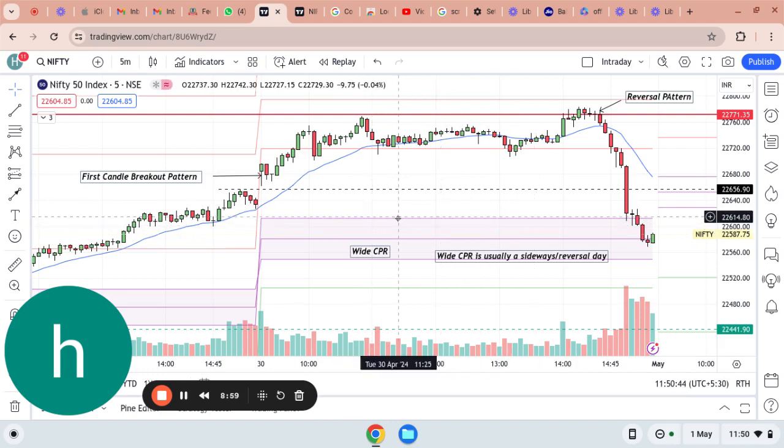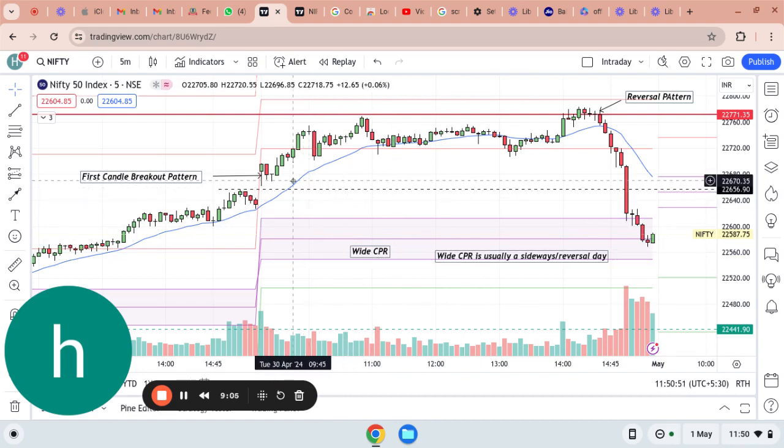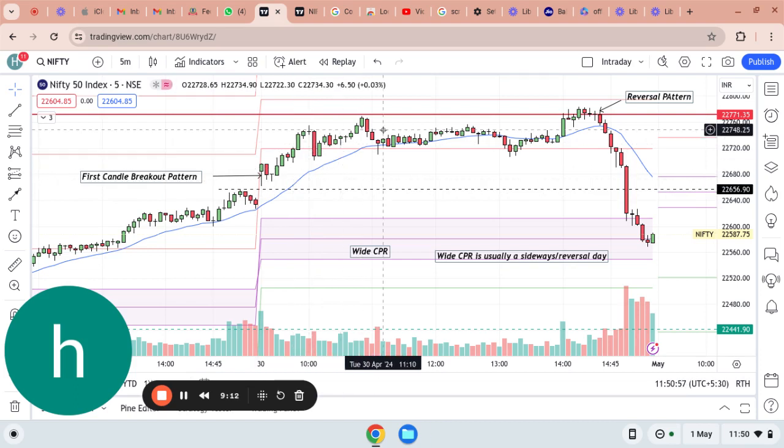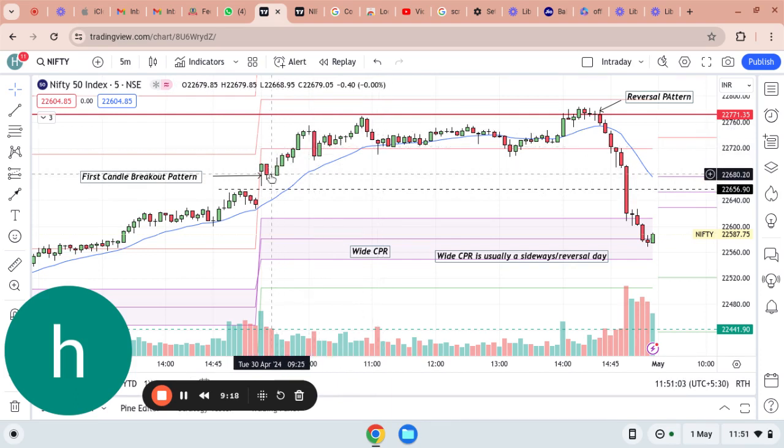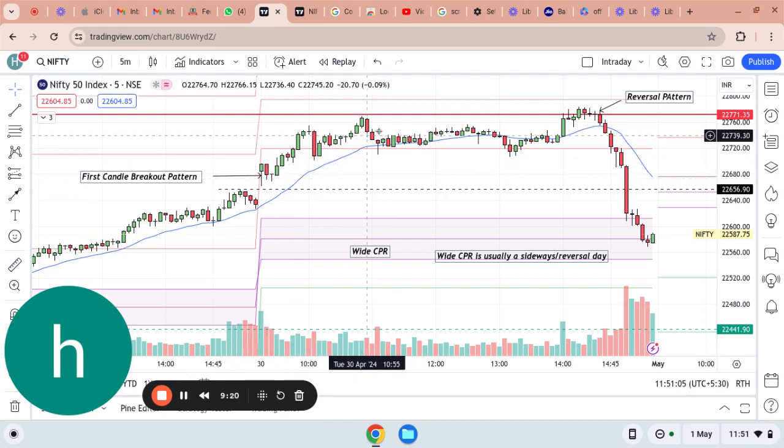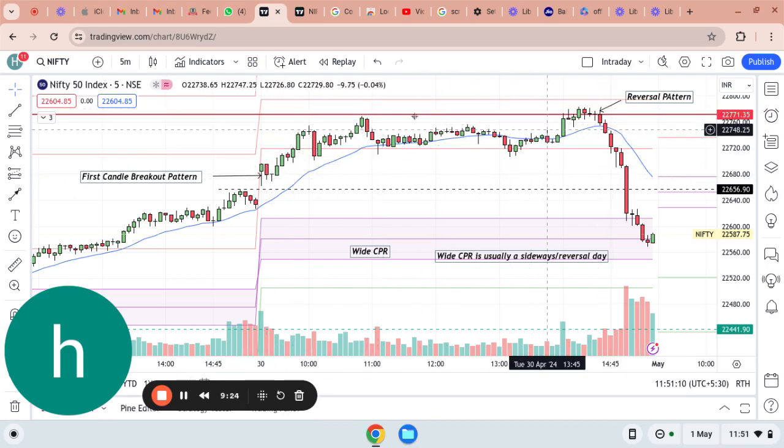There are three types of CPR. One is narrow, average, then wide CPR. So with a wide CPR, generally for the first half or the first three-fourths of the day, it will be trading in one direction. Then there is a chance of a sharp reversal.